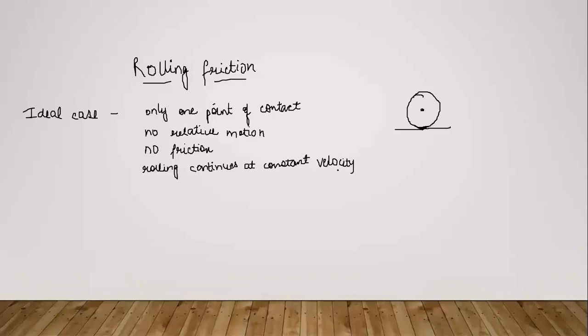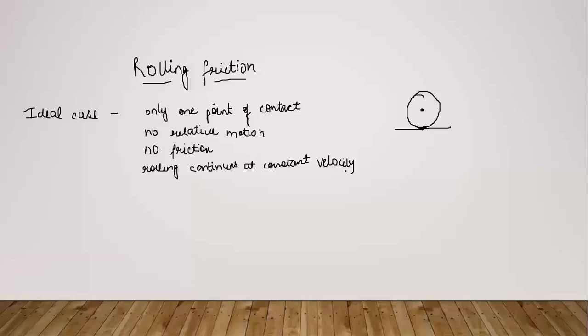But if we do it practically, this will not happen. We will observe that it does not happen, and gradually it will come to rest. This wheel will stop rotating. Why does this happen? We have already discussed it when we were discussing frictional force. In that introductory class, you must remember that some external force will be needed to maintain this motion because of the resistance to motion called the rolling friction.